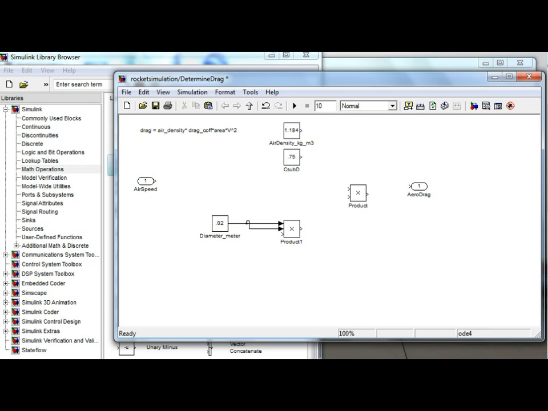Okay, I can clean that up. But now what I've done is essentially put the diameter into this product block twice, so that's diameter squared. And I'll label that diameter. Now I need the diameter squared times pi over 4.